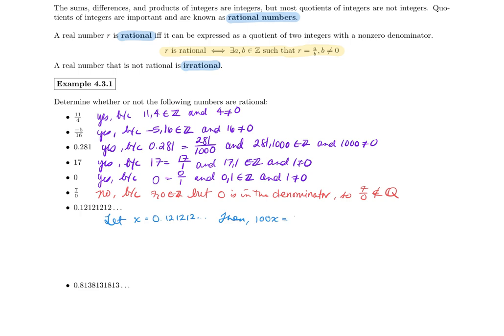And we're going to end up with 12.121212 repeating. Why would I want to do that? Because now, if you look at these two values, I could combine the 12.121212 and the 0.121212 in such a way that I could eliminate the decimals.